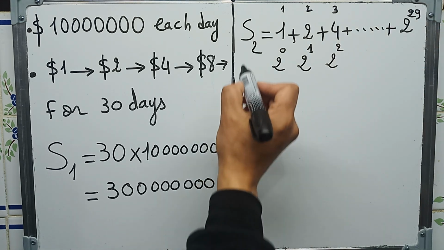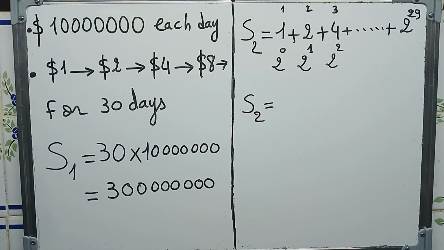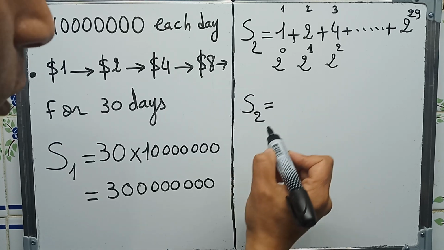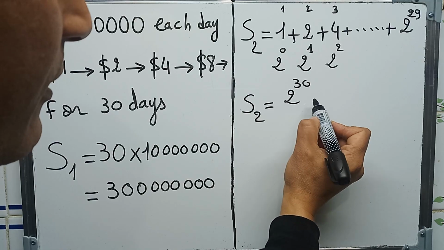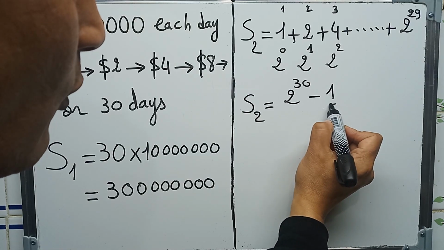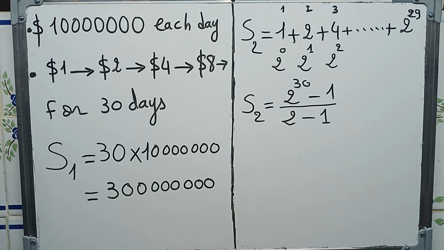Now our sum S2 is 1 plus 2 plus 4 until 2 to the power 29. How do we evaluate this sum? It's a geometric sum, which is of course equal to 2 to the power 30 minus 1 over 2 minus 1. But I will not accept it just like that.